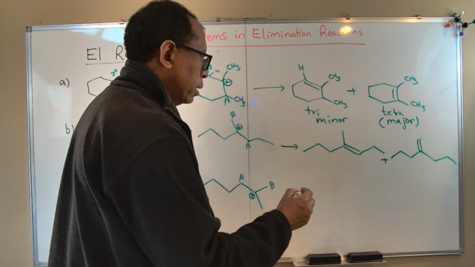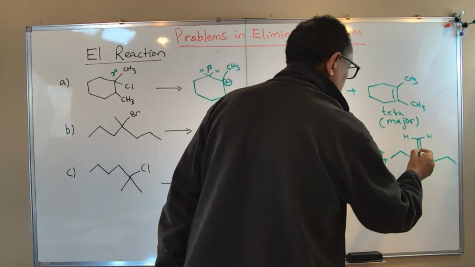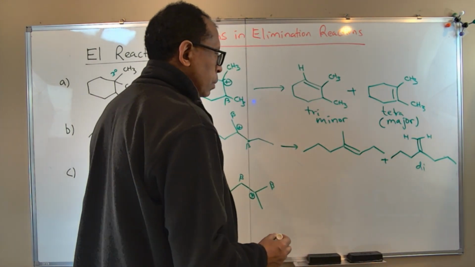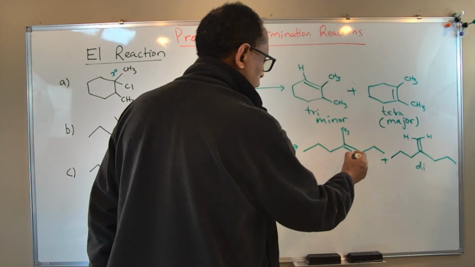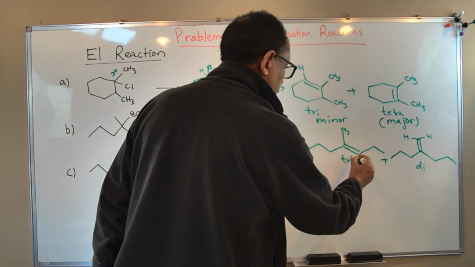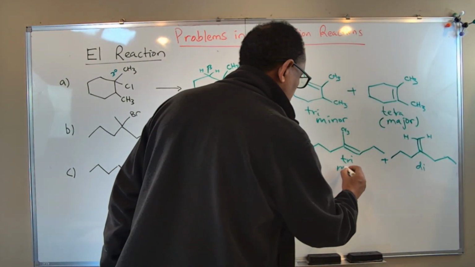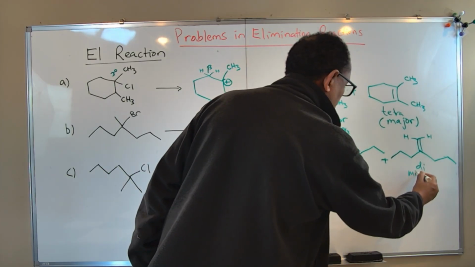So if you just look at this alkene, these are our hydrogens. This is a di-substituted alkene. But this one, this is CH3, so this is a tri-substituted alkene. So the tri-substituted alkene is major, and this is minor.